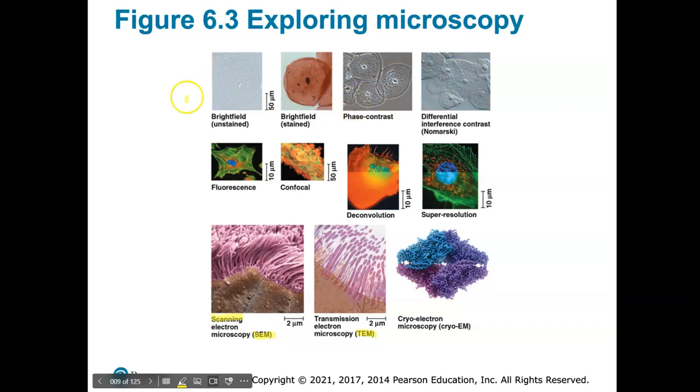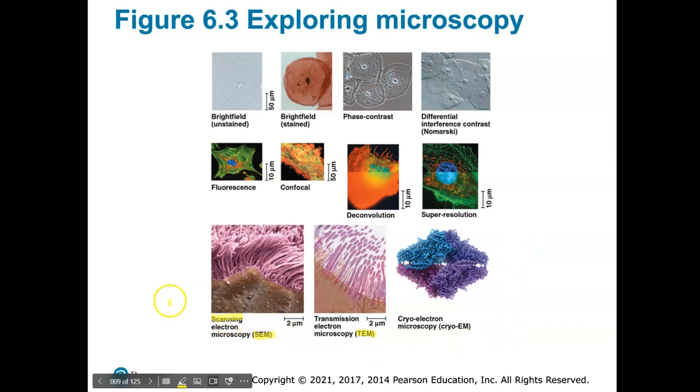But anyway, even with the light microscope, like we're seeing images up here at the top, we can still use different techniques to be able to see the cells more clearly: staining and phase and contrast techniques.